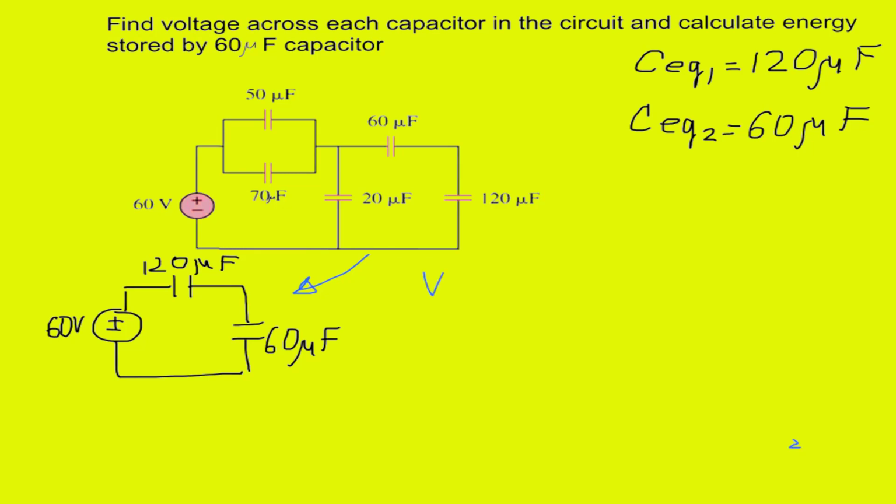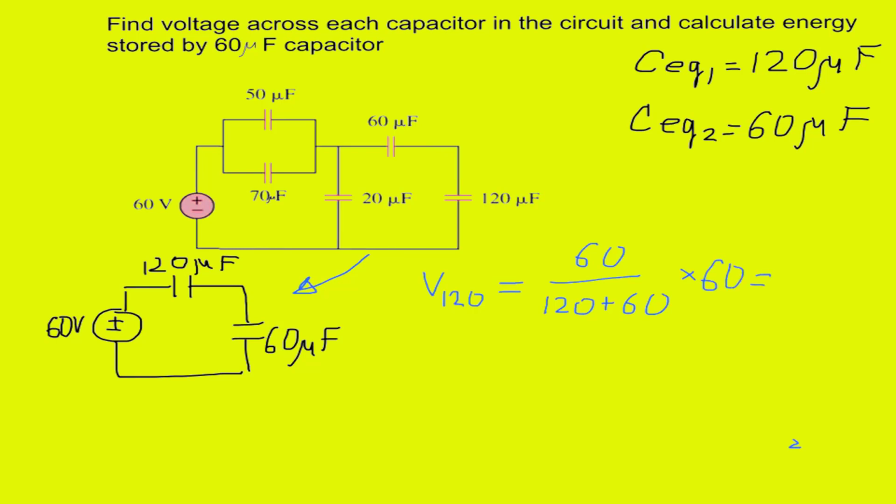So for 120, V at 120 will be 60 over 120 plus 60 multiplied by the total voltage, and total voltage is 60 volts.